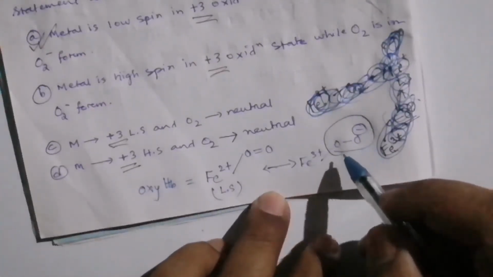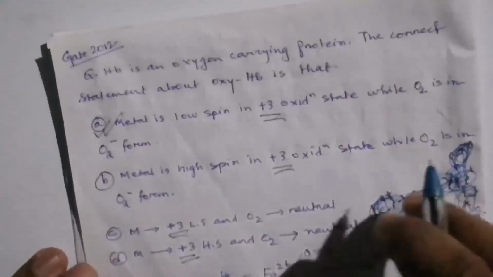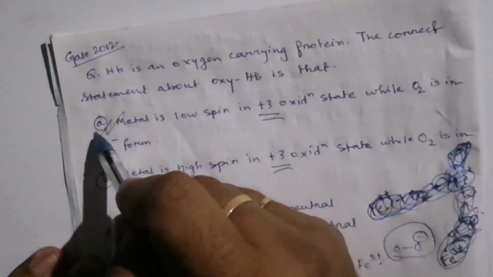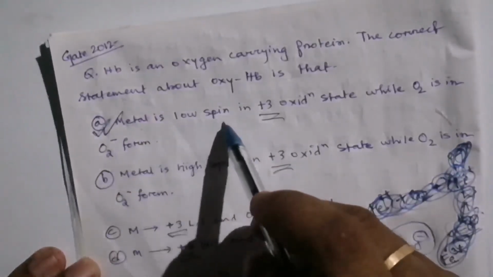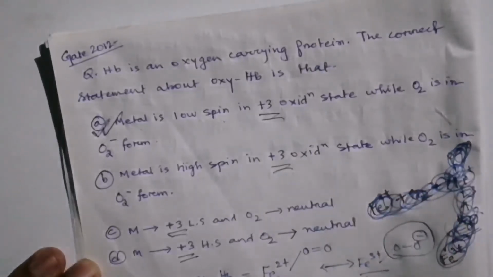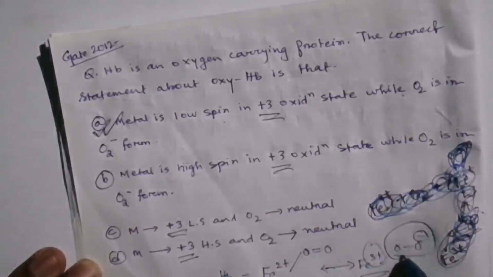It gets converted to a superoxide form. So our correct option is A, which says that metal is in low spin +3 oxidation state and oxygen is in superoxide form.